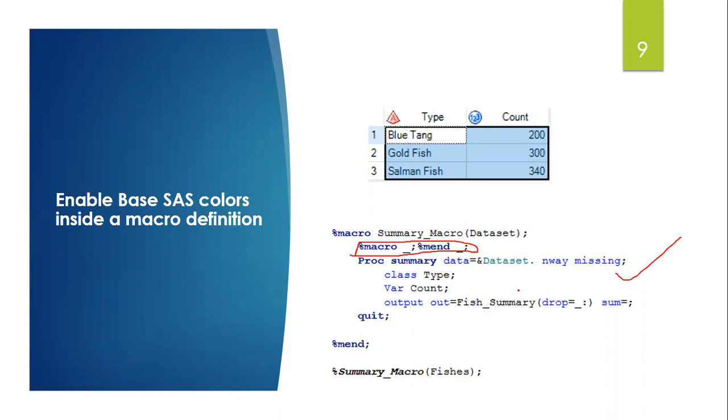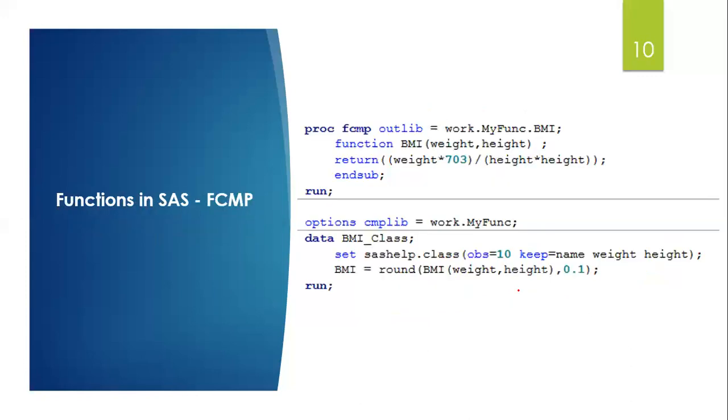Okay, let's move on to the fourth and last one, but not the least. This is functions in SAS using PROC FCMP. We normally create macros if we are using a feature multiple times, and we call that macro from anywhere.